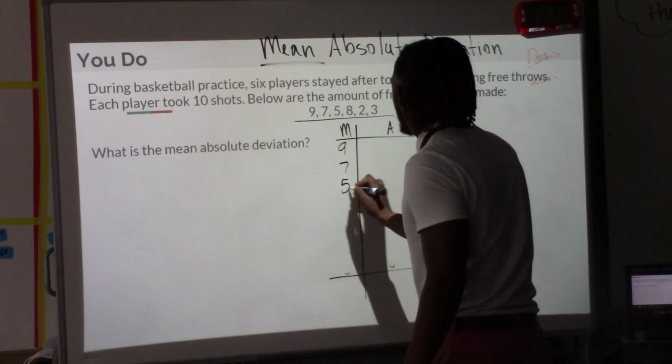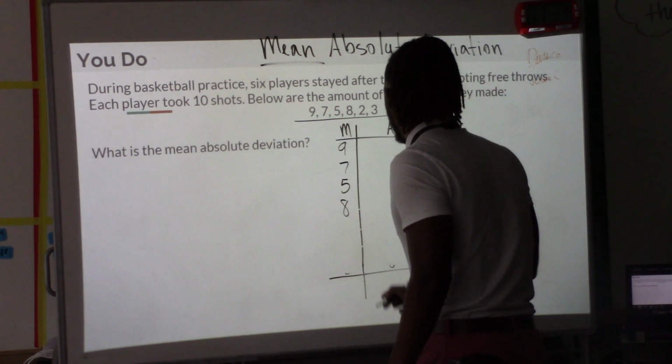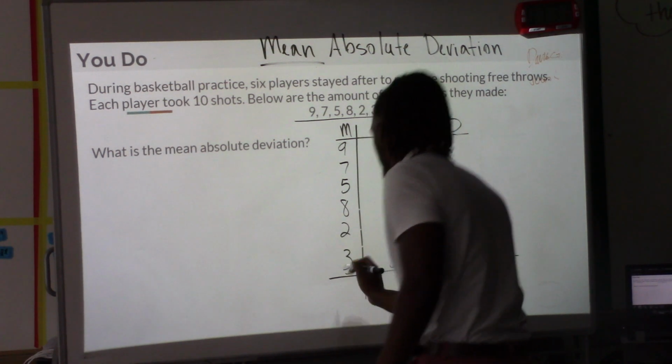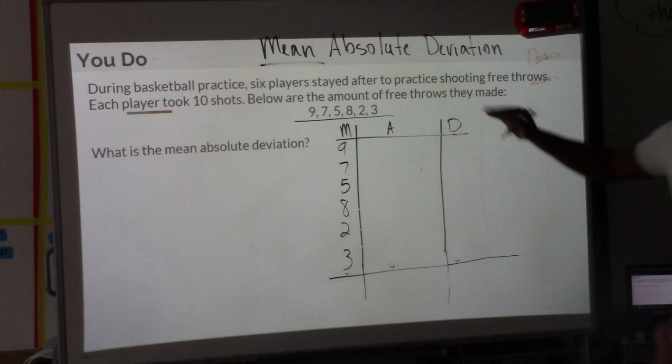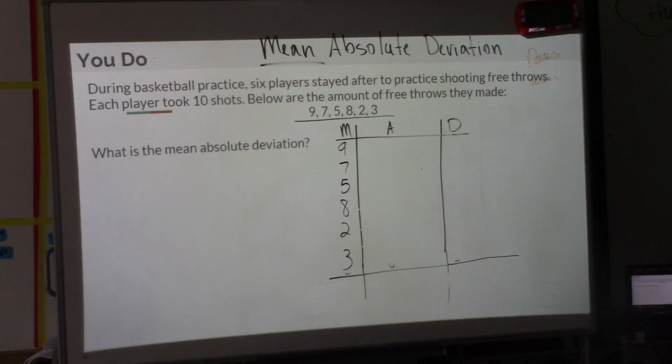But remember, I want you to underline the list of numbers, because some people are going to forget a number and some people are going to add an extra number. I want you to underline it to make sure that you do not forget one of those numbers. If there's 6 numbers here, there should be 6 numbers listed. Okay?